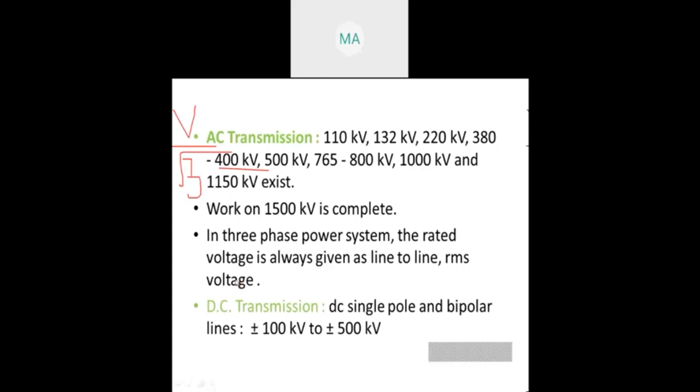For DC transmission lines, we have different types of transmission.